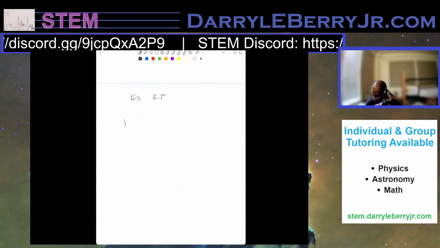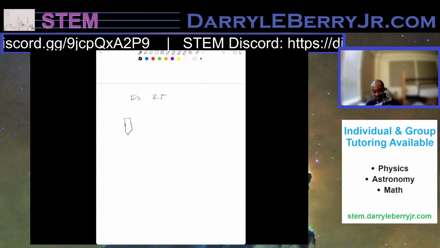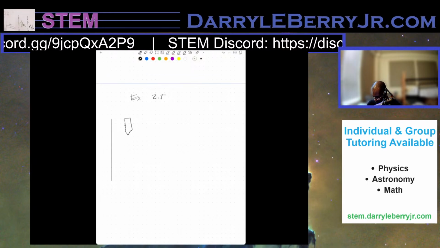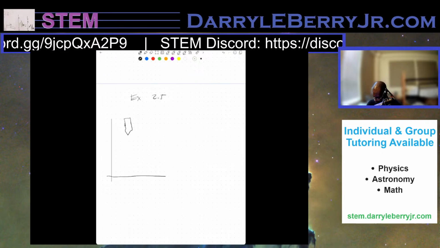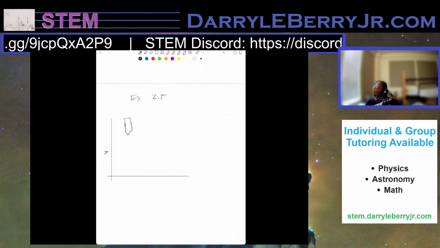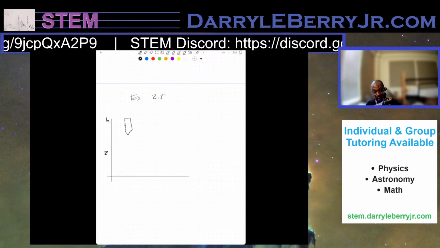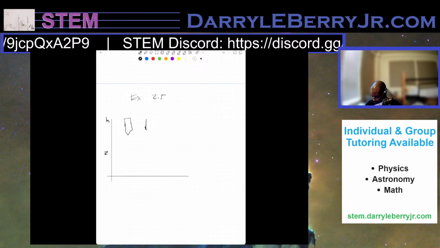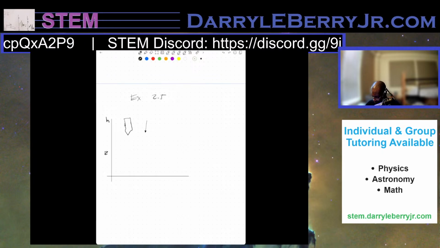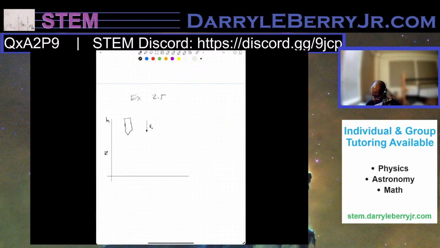We have the object going downward. Z is the height where it starts. V naught is going down.